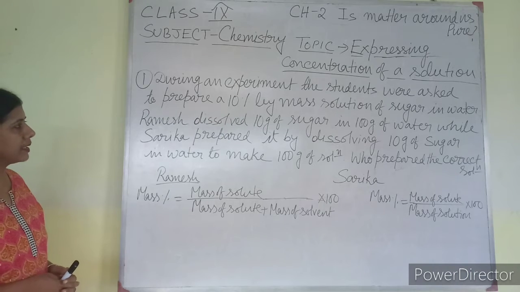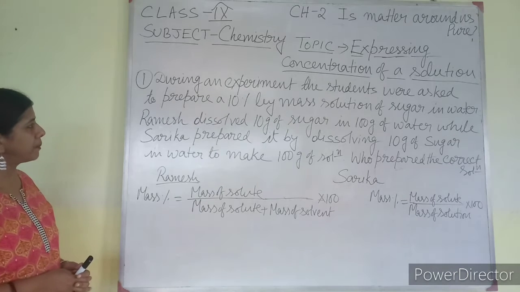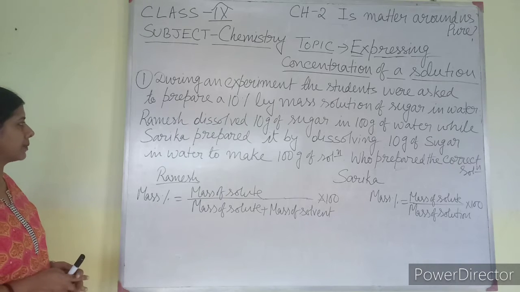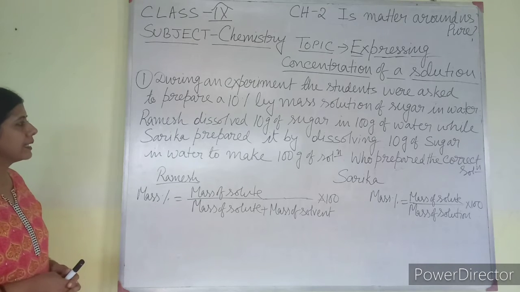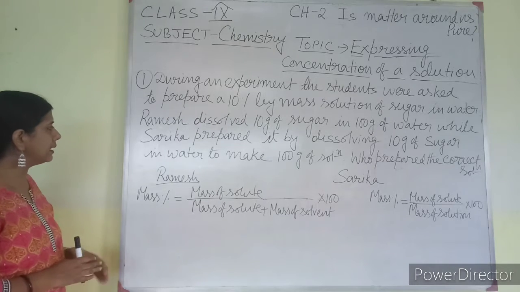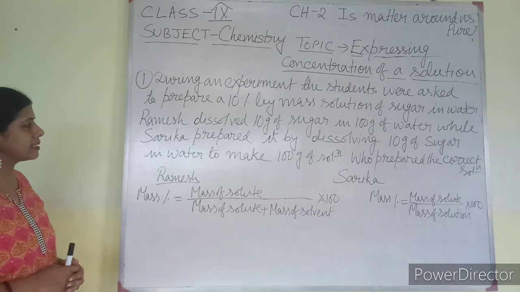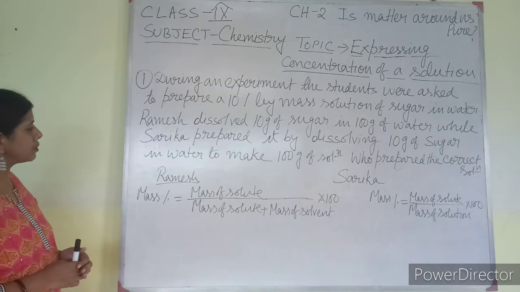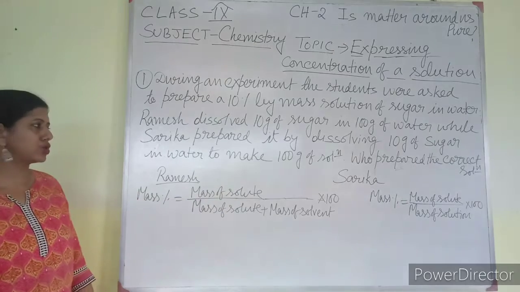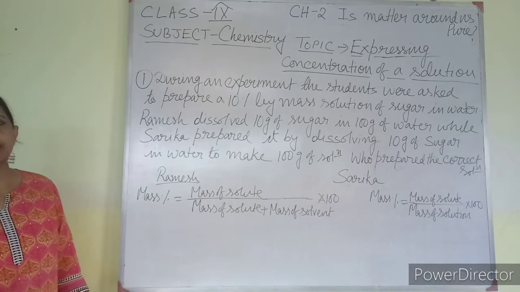During an experiment, the students were asked to prepare a 10% by mass solution of sugar in water. Ramesh dissolved 10 gram of sugar in 100 gram of water, while Sarika prepared it by dissolving 10 gram of sugar in water to make 100 gram of solution. Who prepared the correct solution?